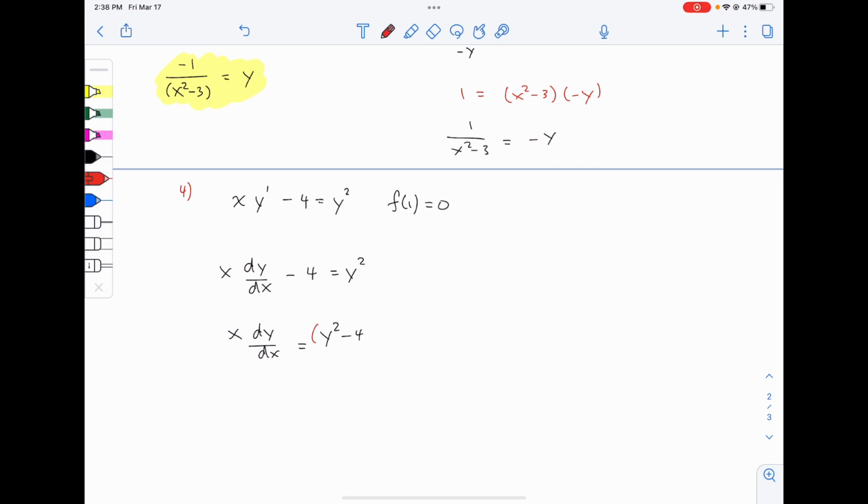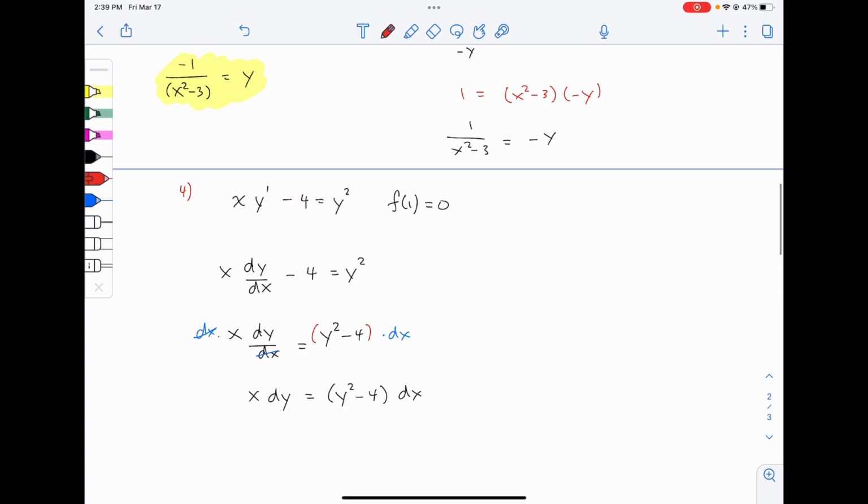I'm going to treat this as one term. I'm going to multiply both sides by dx. So these cancel out, meaning I have x dy is equal to y squared minus 4 dx.